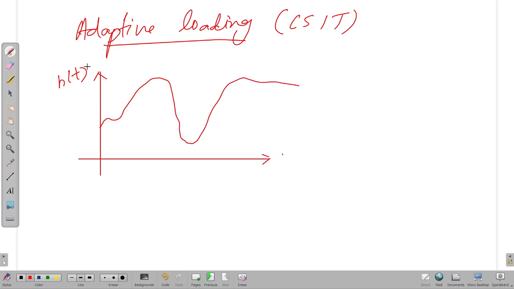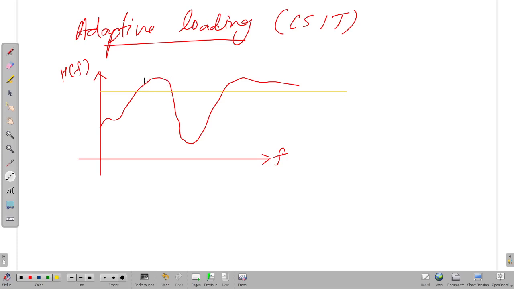Okay, I'm sorry, it is not h of t, it is the frequency response h of f, and the axis is frequency. So you can see that at certain points, let us keep a line somewhere here. Above these points, the frequency response is pretty good.